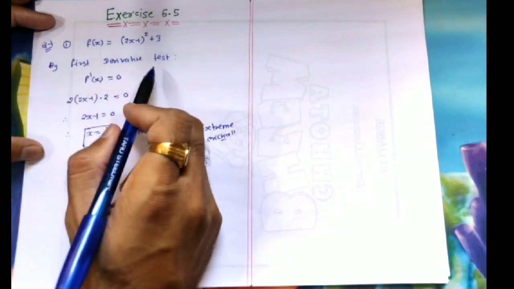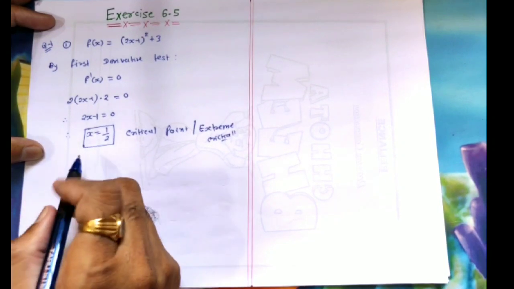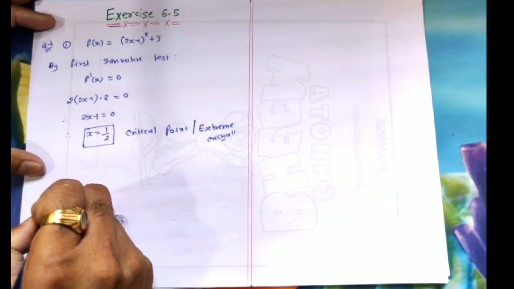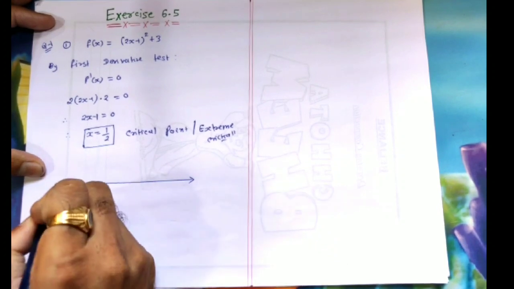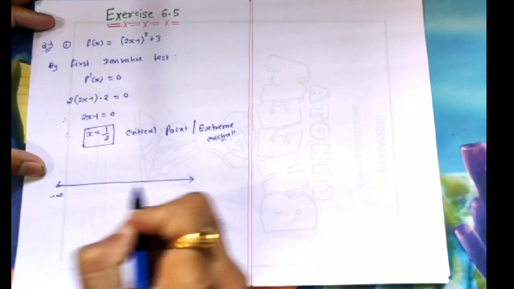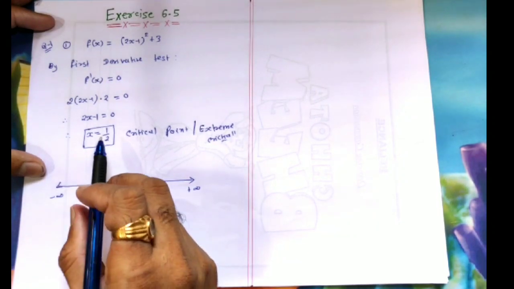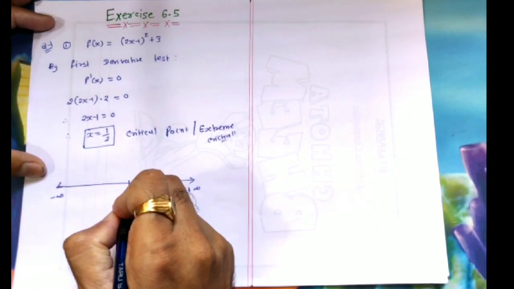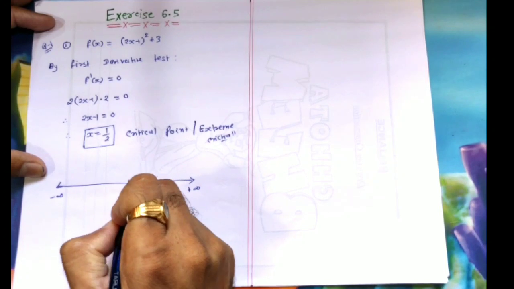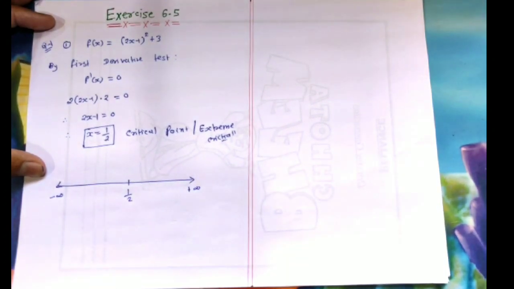So for the first derivative test, what are we doing? We are drawing one number line. The number line goes from minus infinity to plus infinity, and we have to locate this critical point on the number line. So that critical point is 1 by 2. Done? Now, for the first order derivative test, what you have to do?